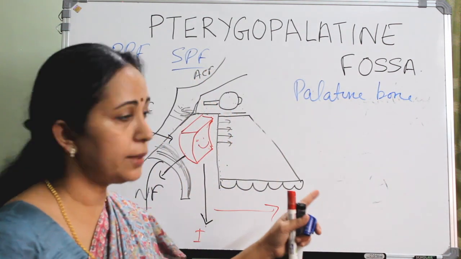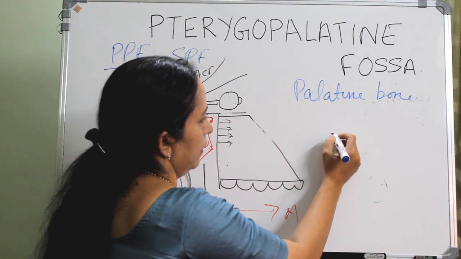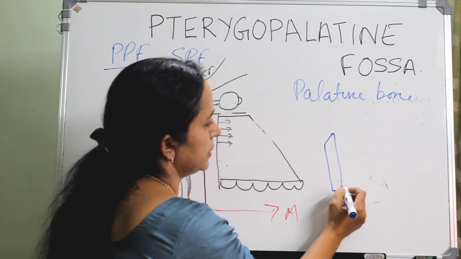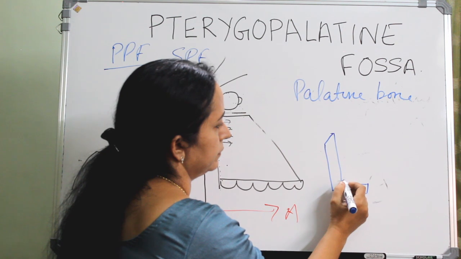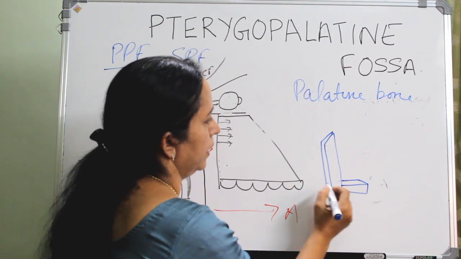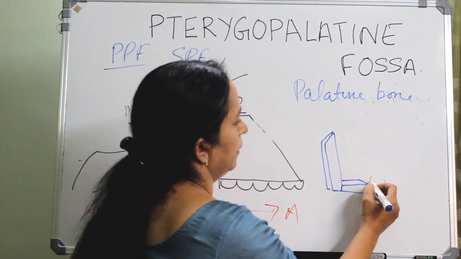And this palatine bone has got a vertical segment, and it has got a horizontal segment also. It has got a vertical segment of palatine bone and also a horizontal segment of palatine bone.